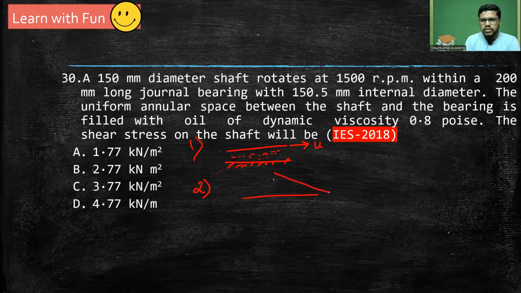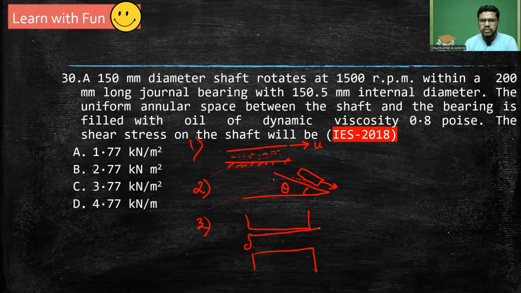Now you have some inclined surface at an angle theta with the horizontal, and say this is the plate, and between the inclined surface and this plate there is again a thin layer of viscous fluid, and this plate slides down over the inclined surface. This is the second type. Now the third type is a journal bearing. I have taken the cross section.